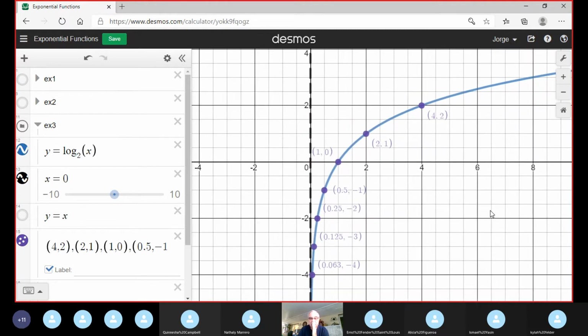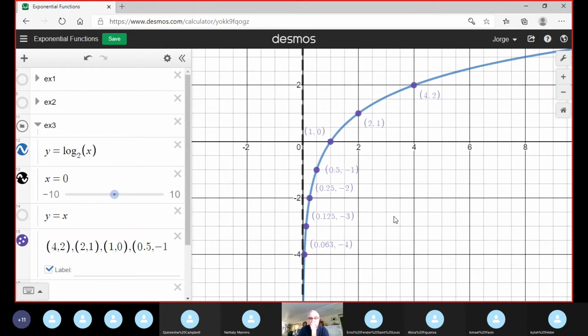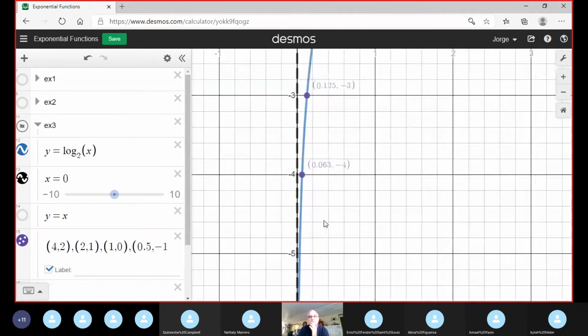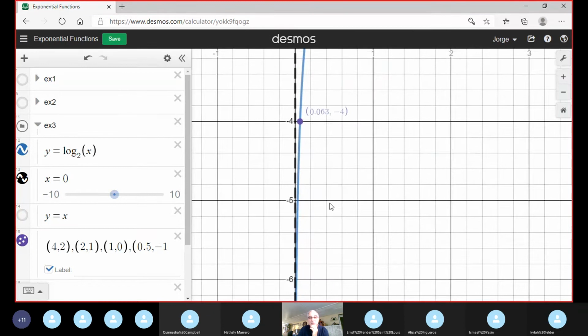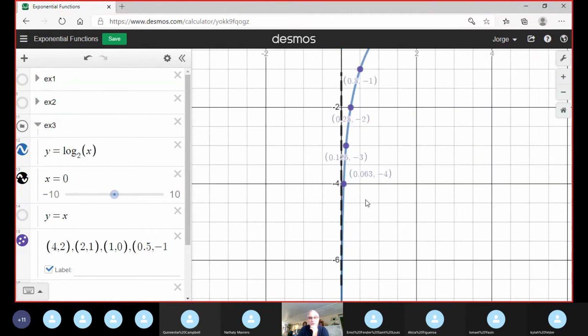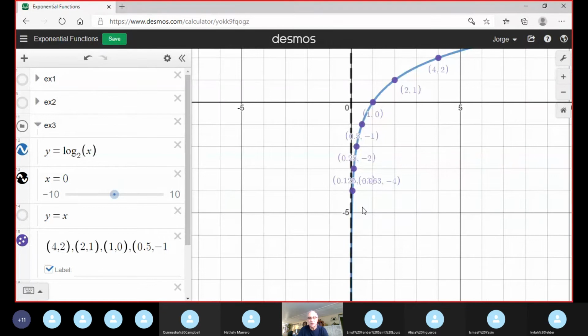I don't see the blue curve, the logarithmic function, in the negative part. So the logarithm of a negative number is totally undefined. It does not exist. And what happens at zero specifically? At zero, the curve approaches but never touches. It's a vertical asymptote. Okay? Therefore, the logarithm of zero also does not exist. So what is the domain?